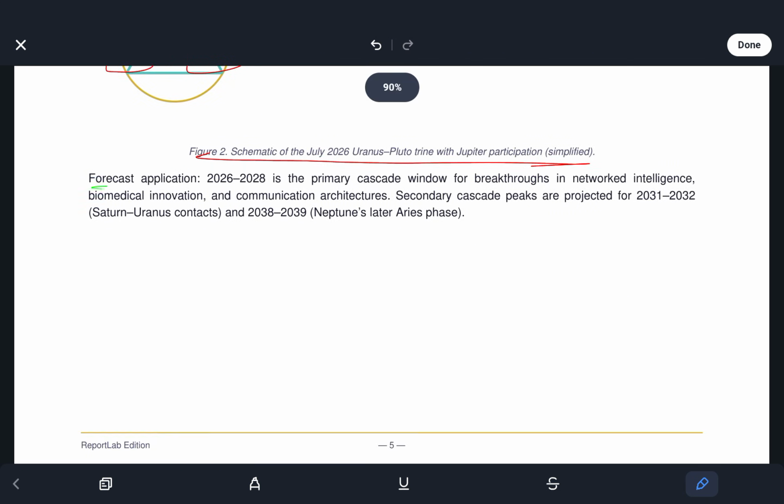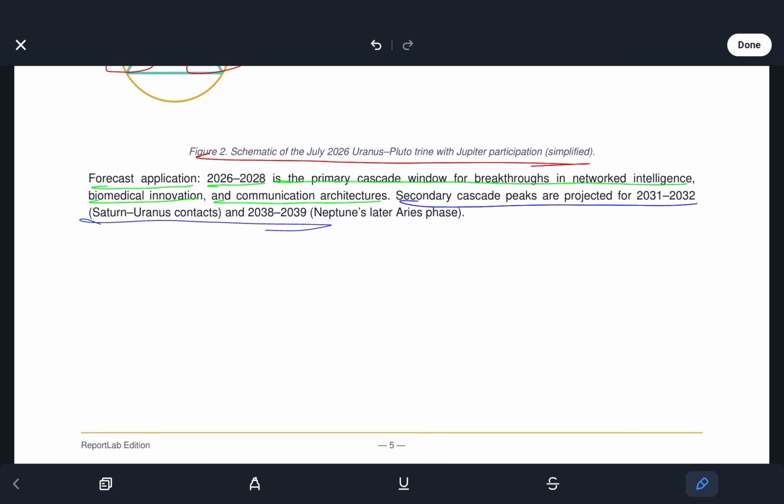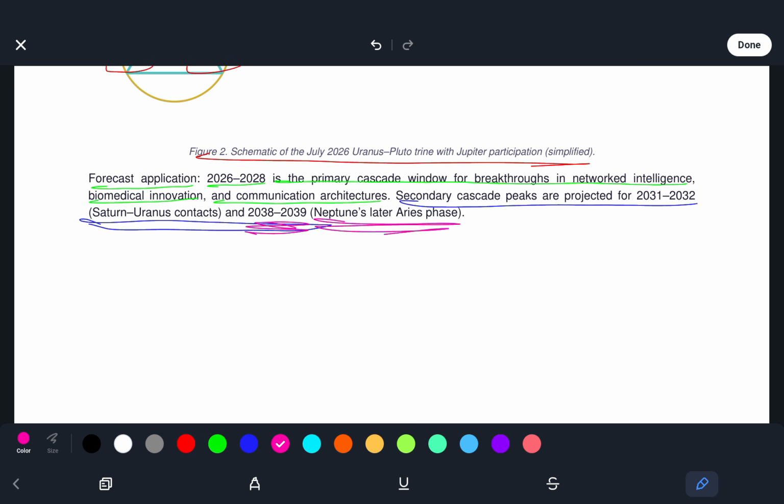For the forecast application, we see 2026 through 2028 as a primary cascade window for breakthroughs in networked intelligence, biomedical innovation, and communication architectures. Secondary cascade peaks are projected for 2031 through 2032, Saturn-Uranus contacts, and 2038 through 2039, Neptune's later Aries phase.